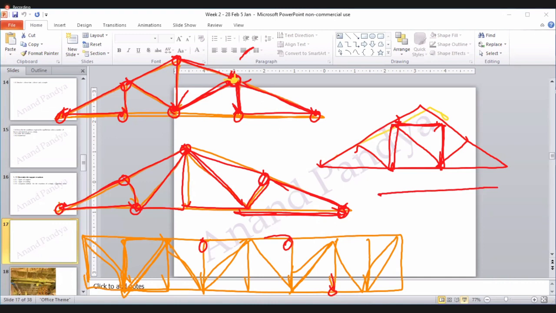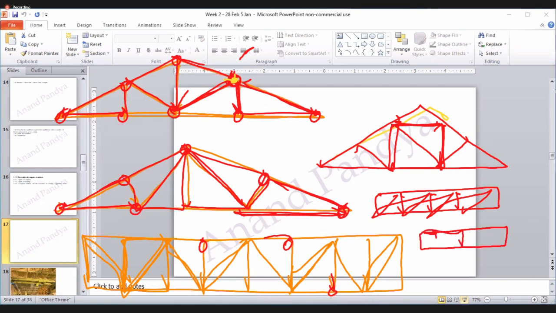Same way, if there is a girder like this, then this is a truss. But if it is straight, there are rectangles only, open rectangles, then this cannot be treated as a truss.